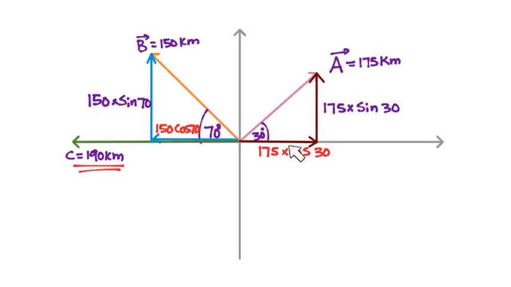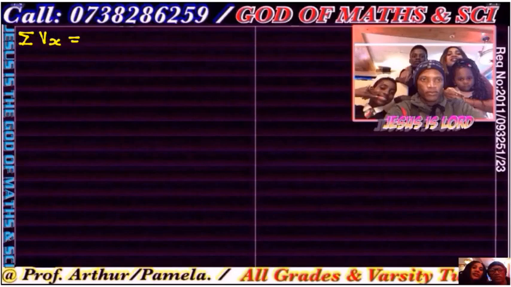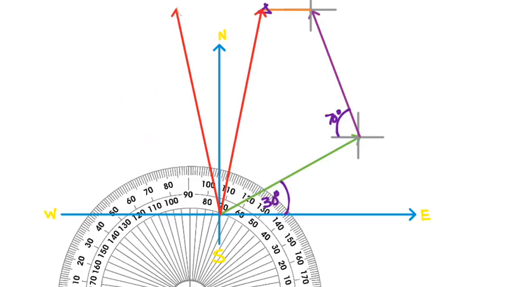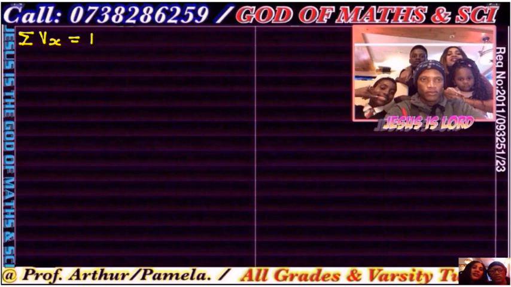The brown is pointing to the right. The blue is pointing to the left. Can you see that? Right minus left. When I say right, I mean the one that's pointing there. Another one that's pointing to the left is 190. So I'm going to take 175 cos of 30.